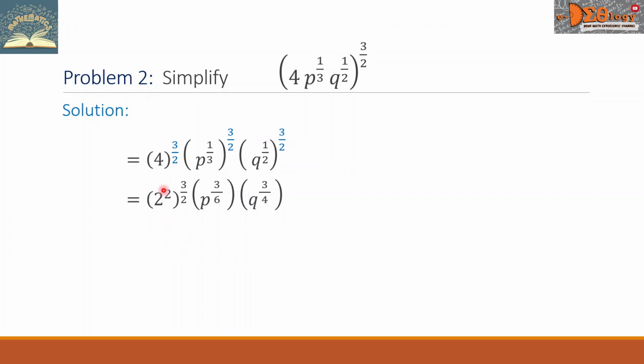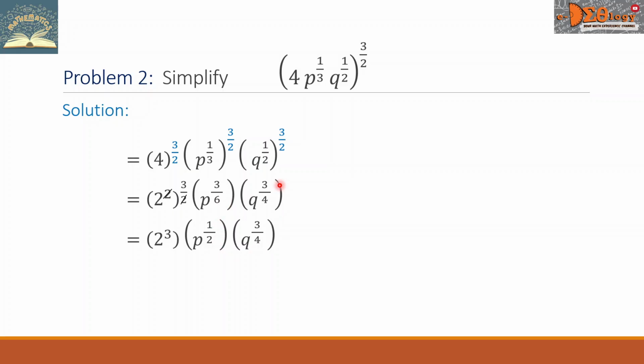For the number 2 squared that is raised to 3 over 2, we multiply this exponent 2 by 3 over 2. Or simply we can cancel this power 2 with the denominator 2. That means 2 cubed will come down. For the p, the power is 3 over 6 that we can simplify as 1 over 2.